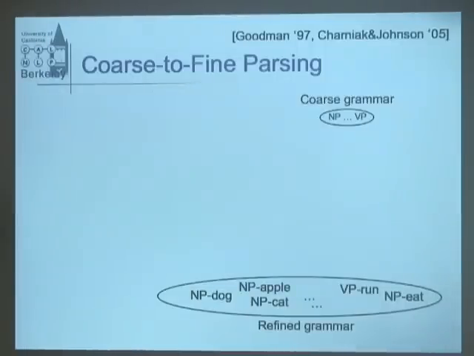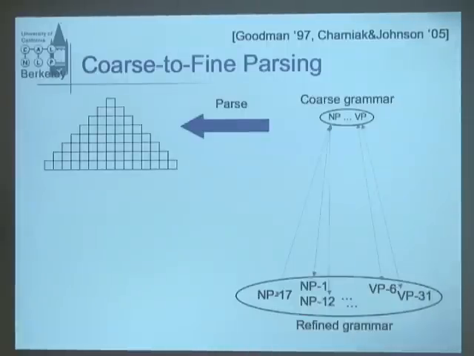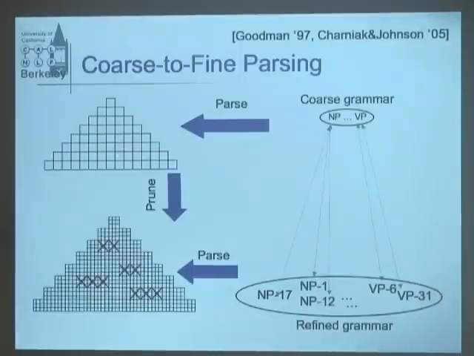The only thing that you then need to do is establish some type of correspondence between the symbols of these grammars. For example, saying that we can just strip off the lexicalization, or strip off this hidden annotation in our case. And then we'll parse with the coarse grammar. We'll compute the posterior likelihood of constituents and prune away unlikely constituents, so that when we parse with a refined grammar, we can skip over many of them.